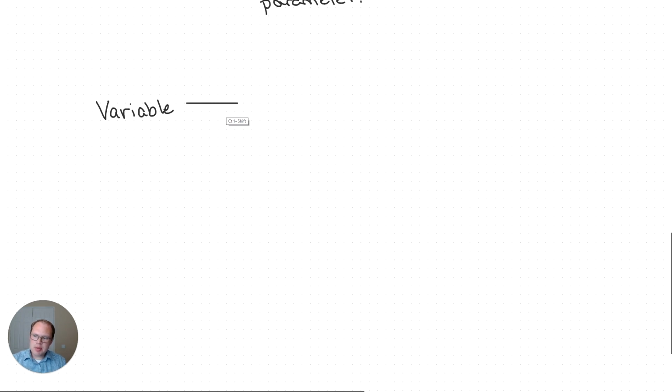A variable is something that everything in the population has. Okay, it's some quality or characteristic. I should say a measurable characteristic that every member of the population has.